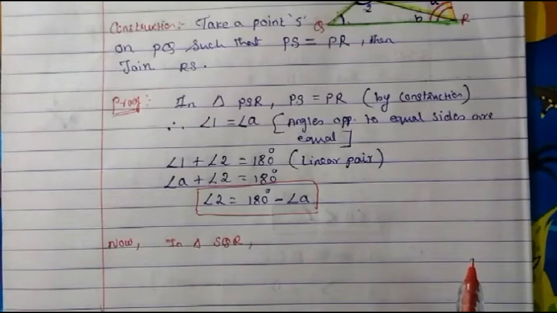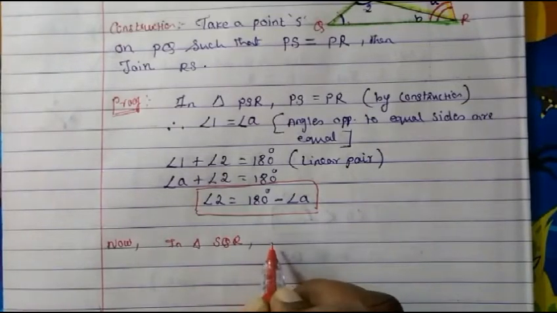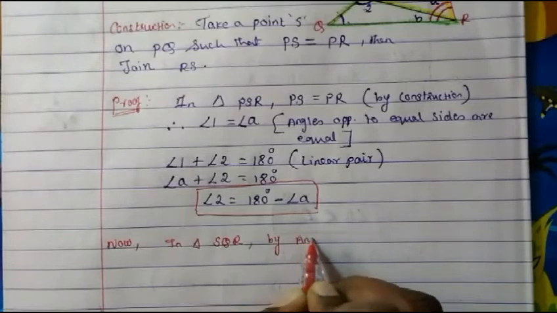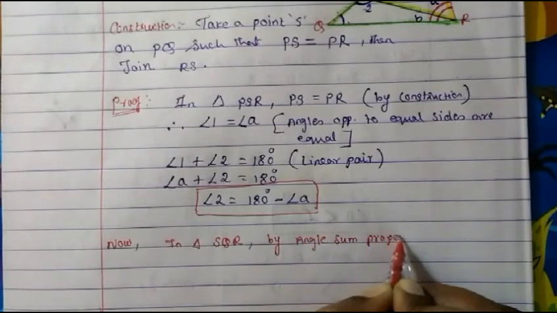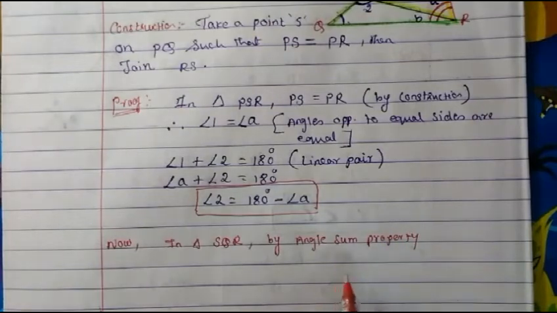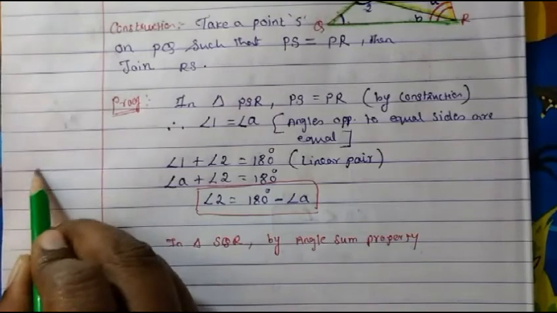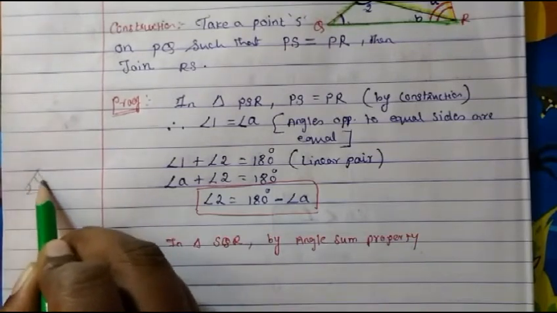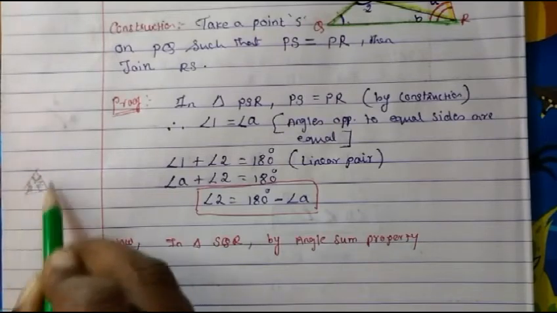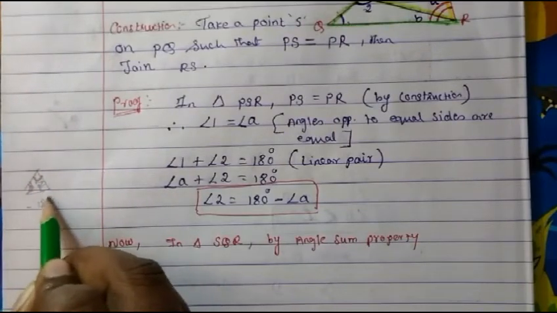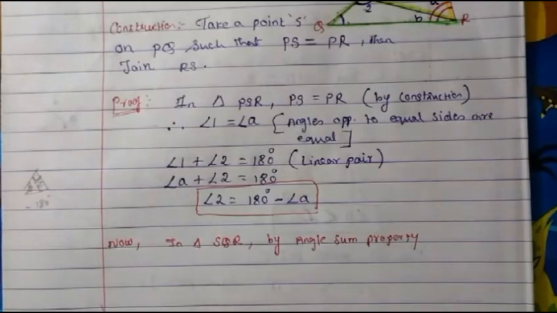In this triangle, we'll apply the angle sum property. What is the angle sum property? We have studied in the smaller classes that if there is a triangle, then the sum of all three angles will be 180 degrees.